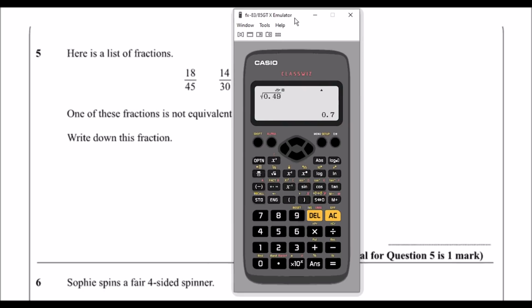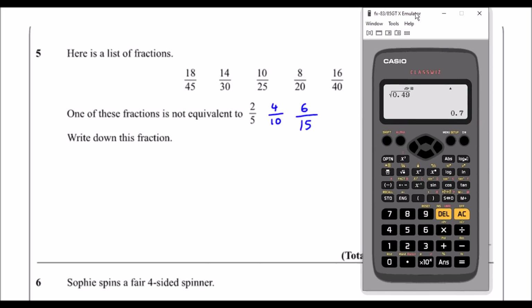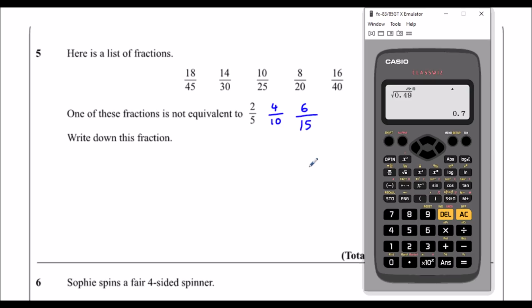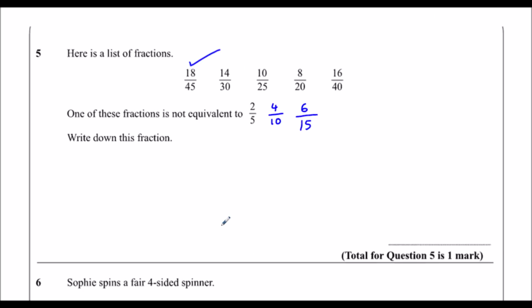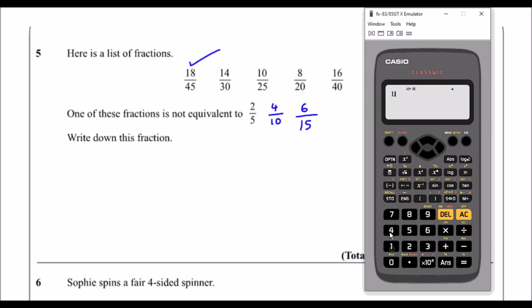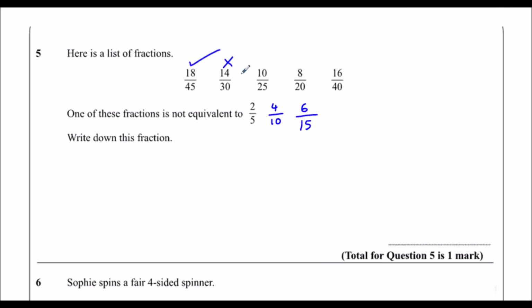We can check if these fractions are equivalent by typing them into the calculator. If you type a fraction into the calculator, it will simplify it for you. So 18/45 is equal to 2/5. 14/30 is not, it's 7/15.